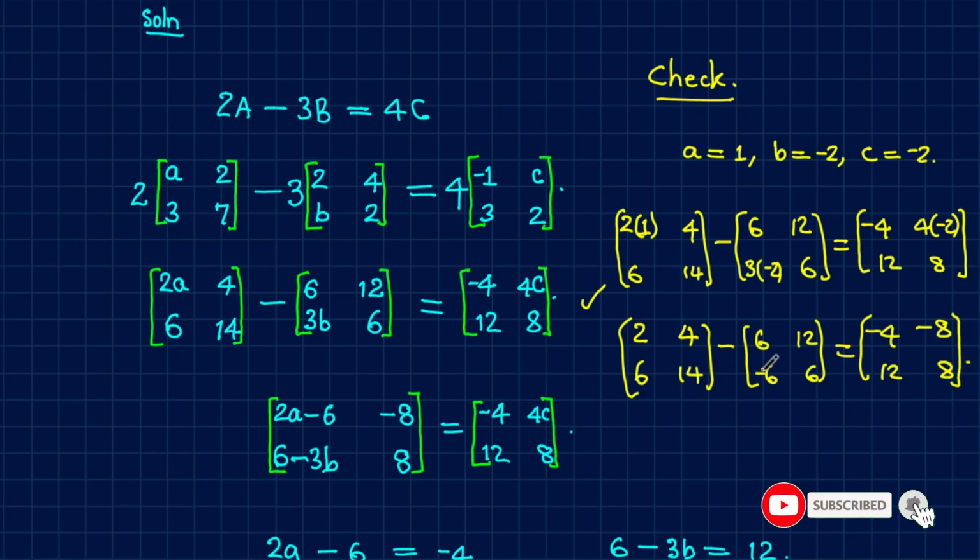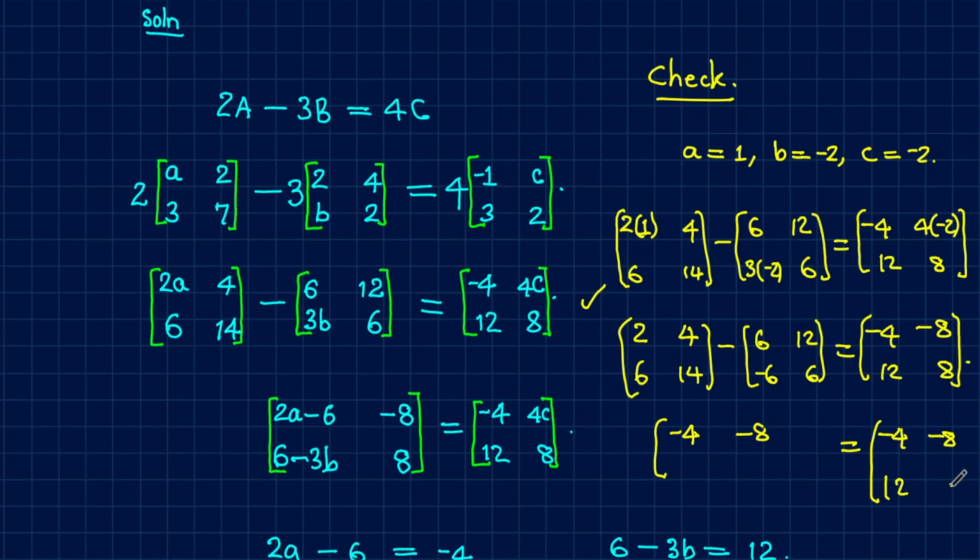So from here, we can reduce this to one matrix where we subtract the corresponding elements. 2 minus 6, we get -4. Then 4 minus 12, we get -8. And this is exactly what we get here, remember, at the right hand side, we have -4, -8, 12, and 8. So let's move on and work on the remaining elements here. Now 6 minus negative 6.